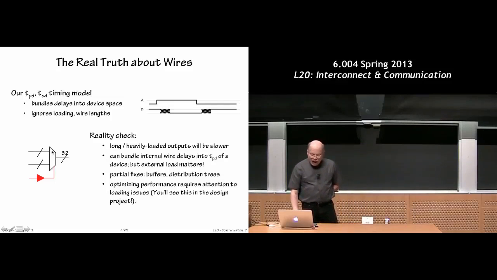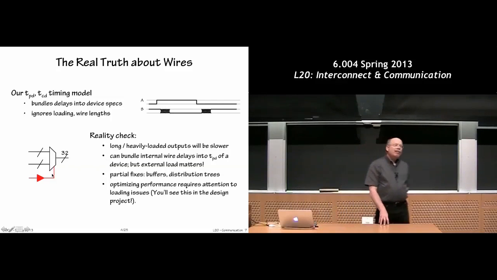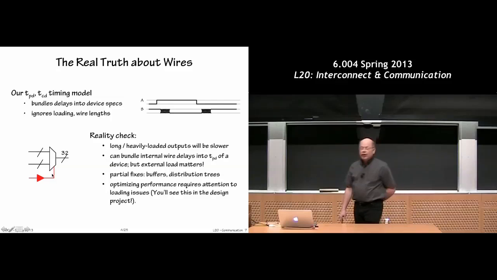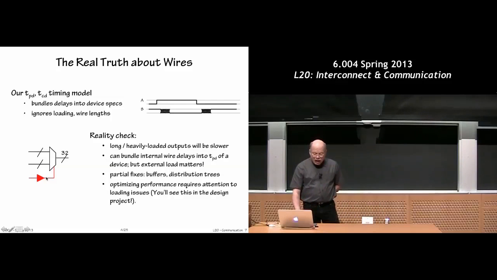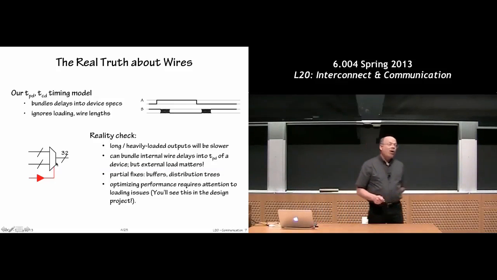So this notion that we actually have to think about the loading, and that a better timing model, conceptually not as clean and as elegant, but would allow us to do a bunch of engineering that we can't do otherwise. A better timing model is to say, look, I'm going to think of the gate as having an intrinsic delay. How fast would it be if it had no loads on it at all?